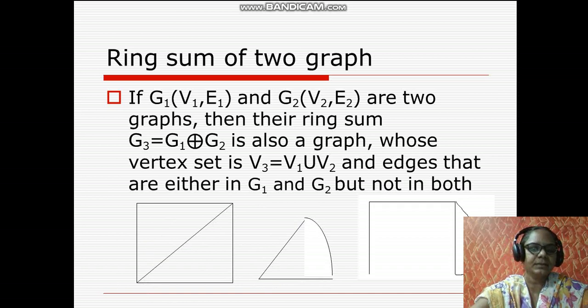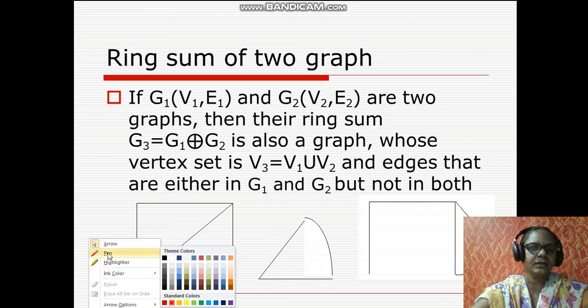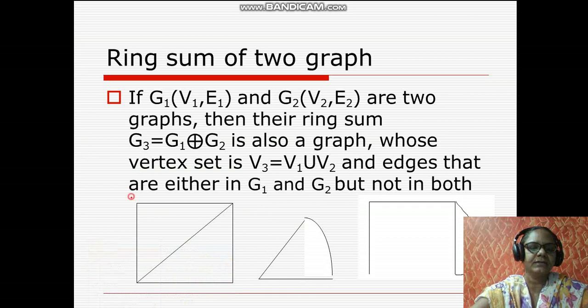So I just number these vertices. First of all I simply write 1 2 3, 1 2 3 4. This is vertex number 4 over here, this is vertex number 2 over here and this is vertex number 3 over here.